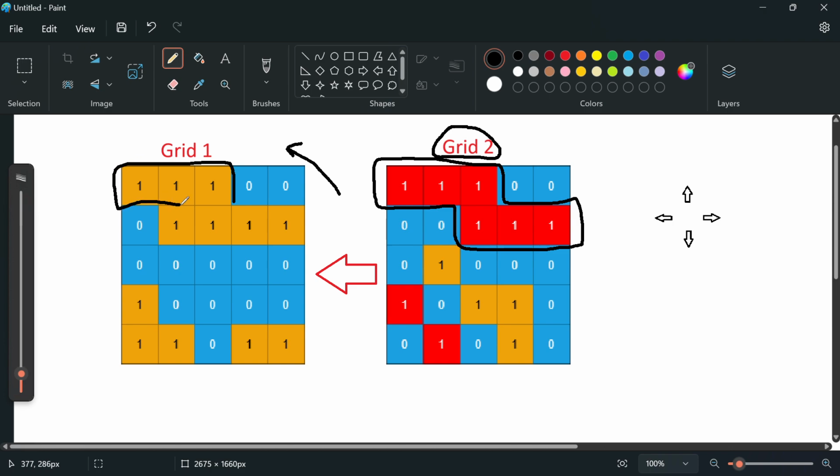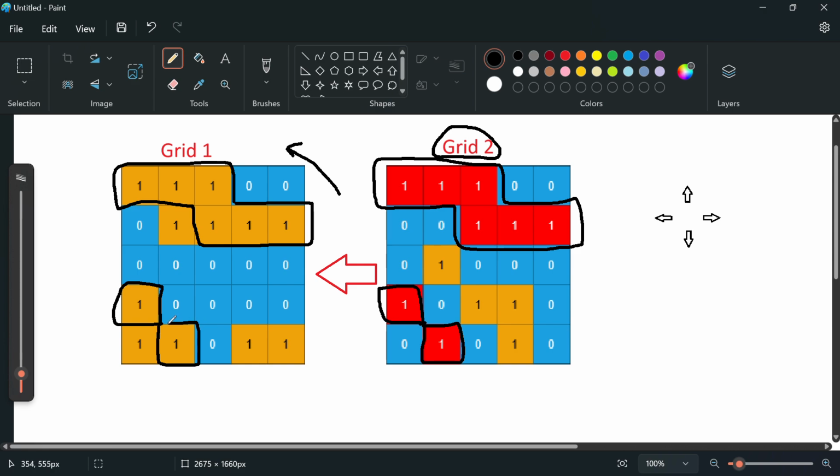So we have one sub-island, and let's say this one also is a sub-island, as it is a part of that island in grid 1. So this is also one sub-island.